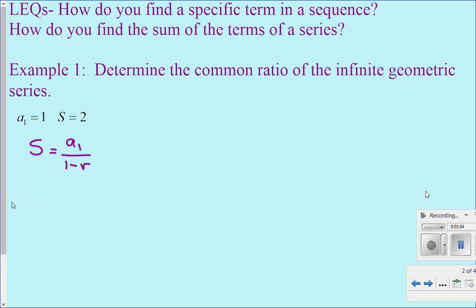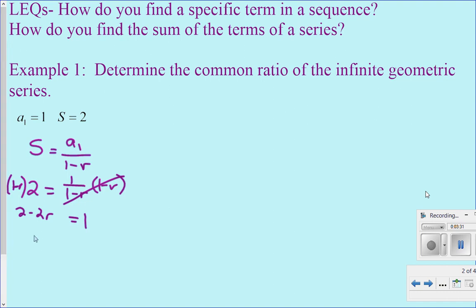So I'm going to substitute in what I know. I know the S. I know a sub 1. I don't know the r. So I'm going to either put the 2 over 1 and cross multiply my proportion, or just multiply both sides by the quantity 1 minus r. That gets rid of my 1 minus r and leaves me with 1, and I'm just going to distribute the 2 times the quantity 1 minus r to get 2 minus 2r.